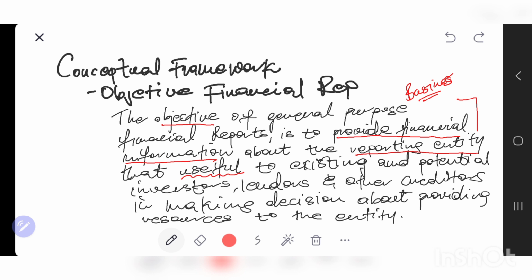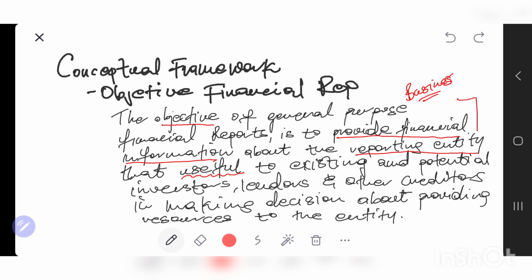It means that the information that you are trying to produce must be free from errors and omissions, which means that the report that MTN will publish to its investors or to its stakeholders needs to be free from errors and omissions, which means that there shouldn't be mistakes, and there shouldn't be things that are left out.